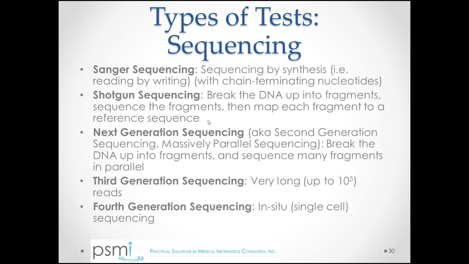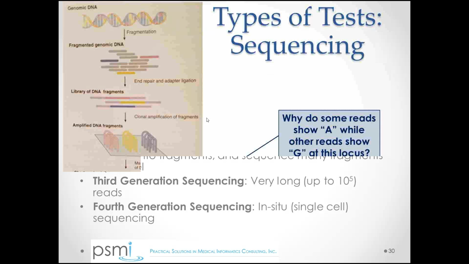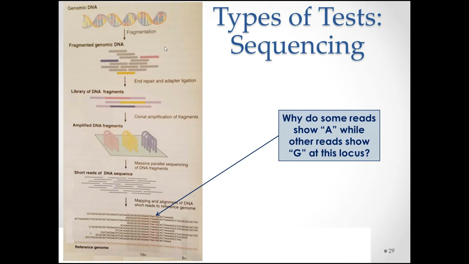And for the most part, when people talk about third generation sequencing, they're talking about very long reads. If you look at today's next generation sequencing technology, these reads, these fragments, are only about 300 bases long.